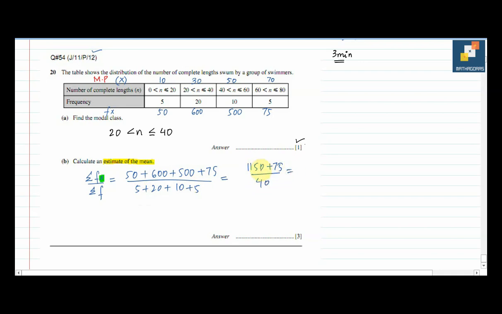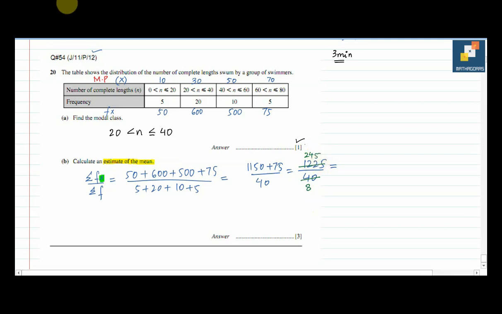So 1150 plus 50 will be 1200, and 25 is 1225 divided by 40, that is your mean. You need to simplify it further, so I will cancel it with the 5. So 5 8s are 40, 5 2s are 20, 22, 5 4s are 20, 25, 5 5s are 25.